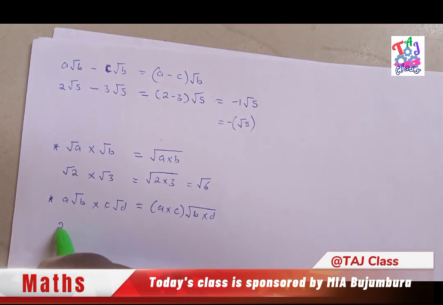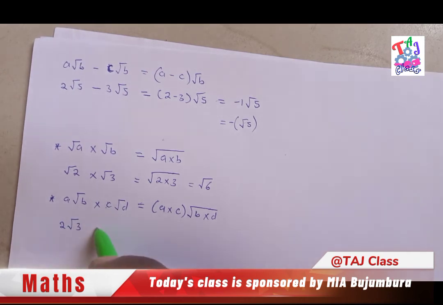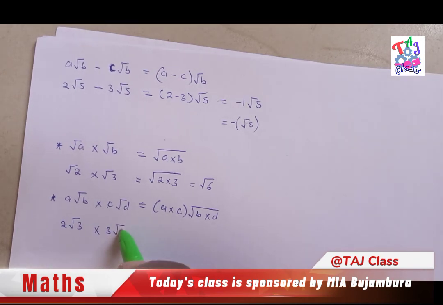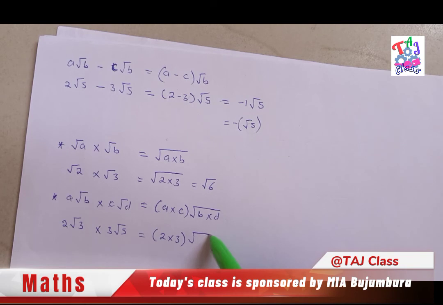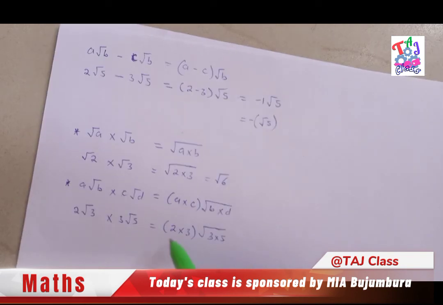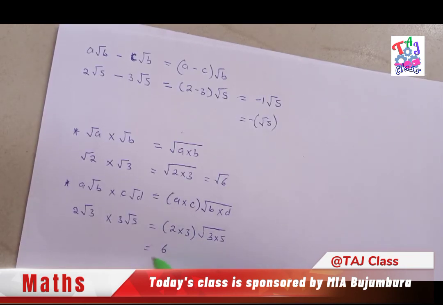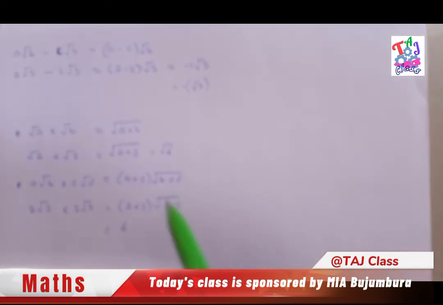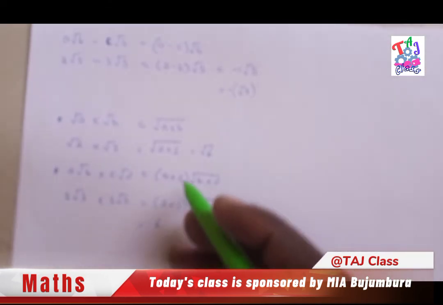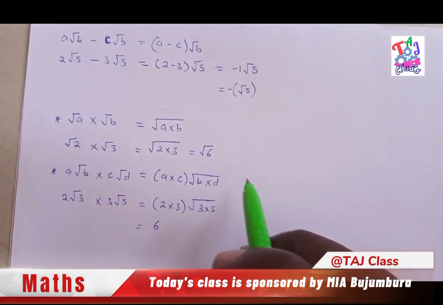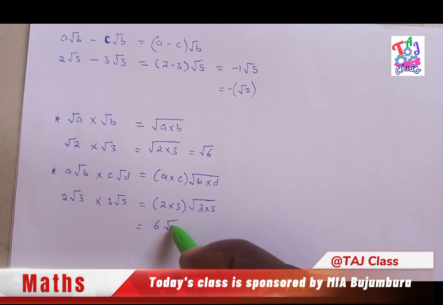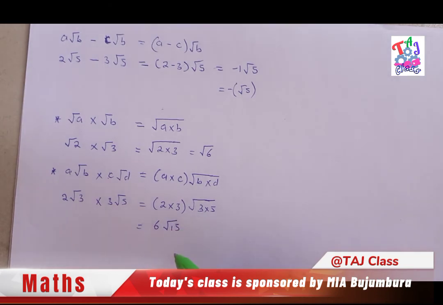That is, if you have 2√3 times 3√5, this will be the same as 2 times 3, then under root 3 times 5, which will be the same as 6√15. So that is how we shall deal with multiplication.